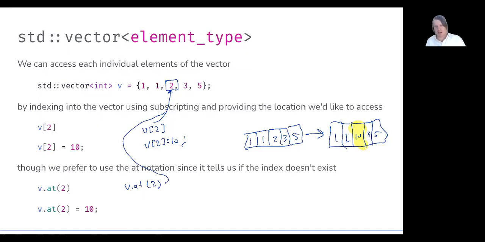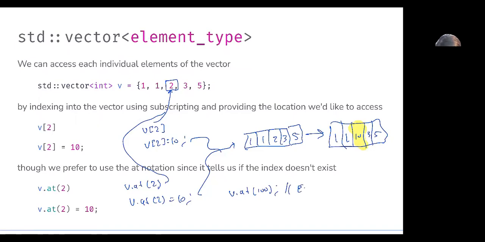This is equivalent. If we write v.at(2) equals 10, same thing, equivalent. However, if we write v.at(100), which is not within the range of this vector, not a valid index into it, we're going to get an error.